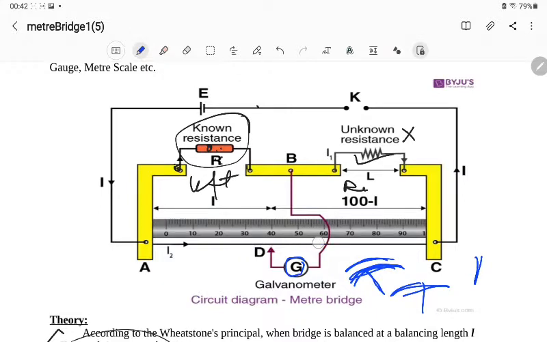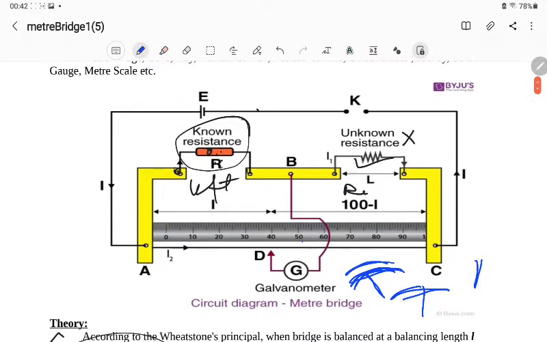Let's say we got the first point at this point. Okay, any point. Okay, let's see. I will give you the reading from here. Let's say we got 58.3 centimeter. Okay, this is 50, nah? 55. Let's say we got at this point.